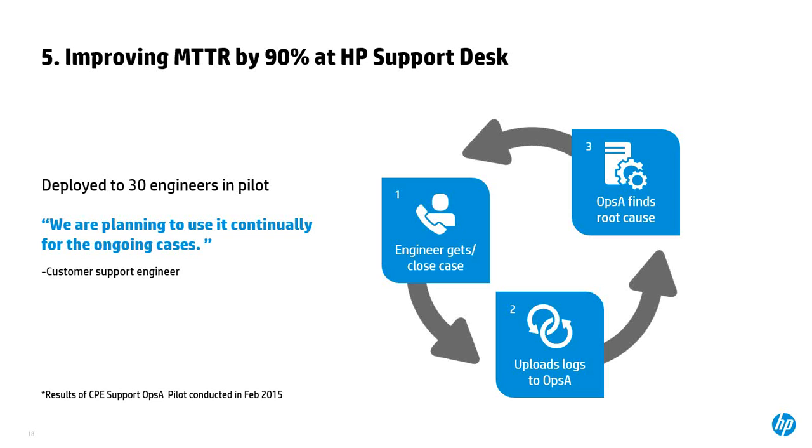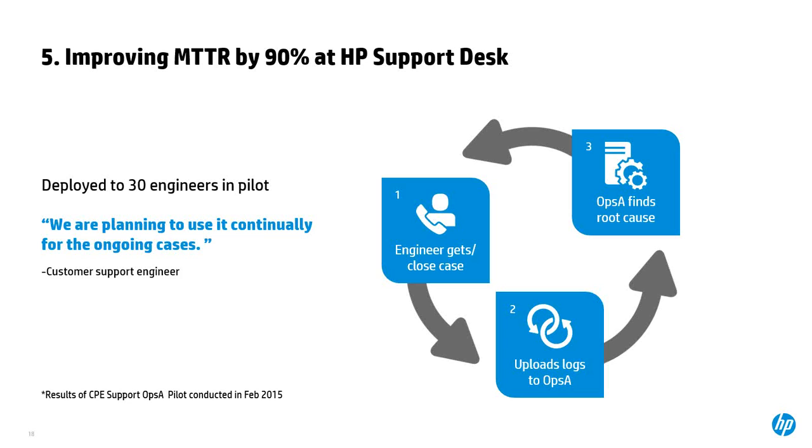So they decided to do a test with operations analytics and see if it would help them. They pulled some of the use cases that they had solved before and brought in operations analytics to see what the difference would be in resolving those cases. A typical process would be that the support engineer gets assigned a case.